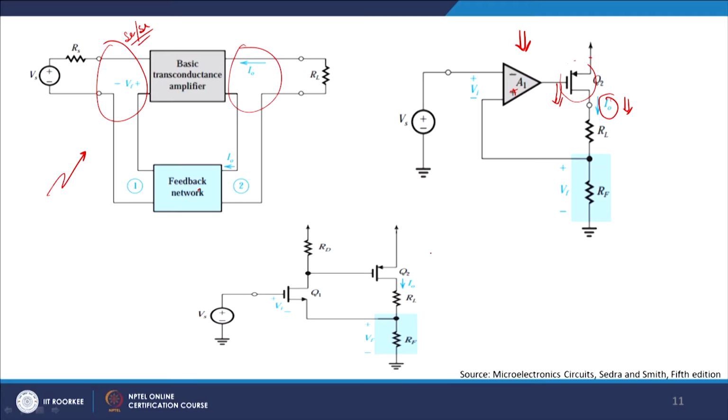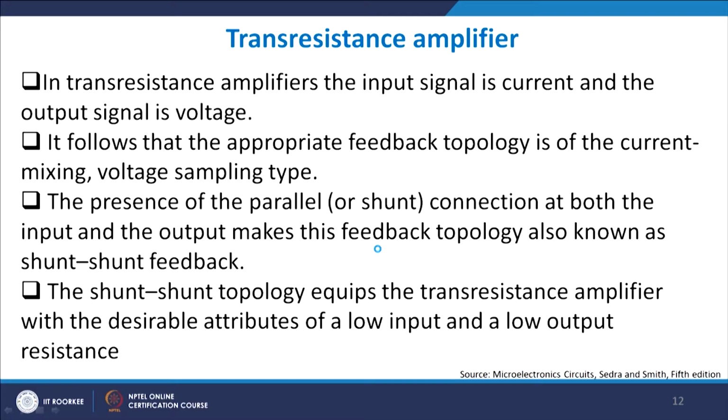The same example can be seen here as well, where we have replaced this op amp by this Q1 network. This is a transconductance stage, because we are giving a voltage source Vs here which converts into a current, and that converts into a voltage which feeds the gate of Q2. Conceptually it remains the same. So you have a series network here. Now, if you look at the series network, let me write it down for you.